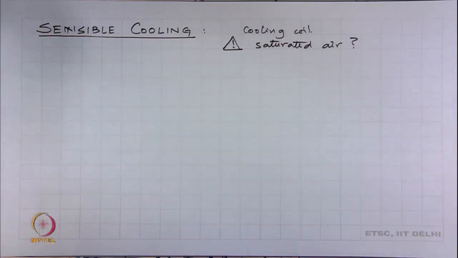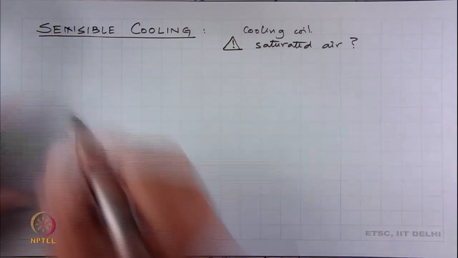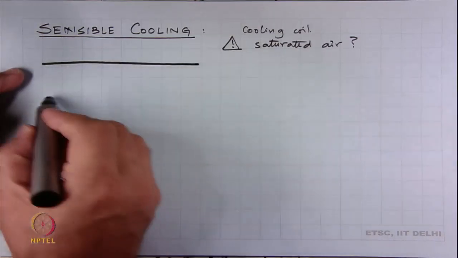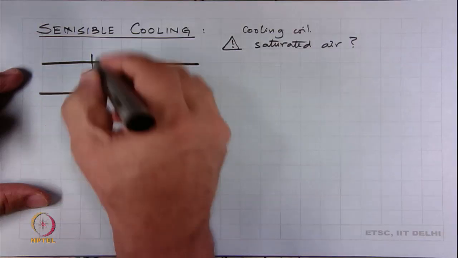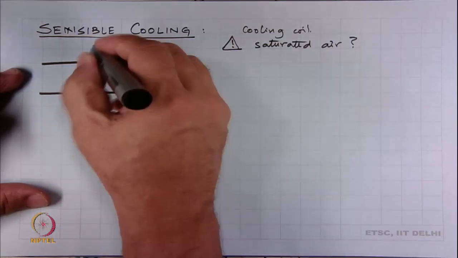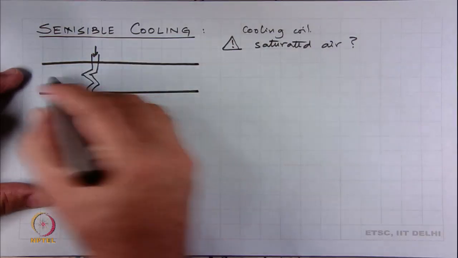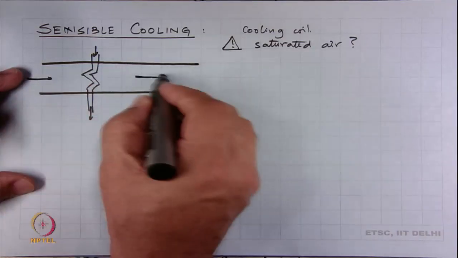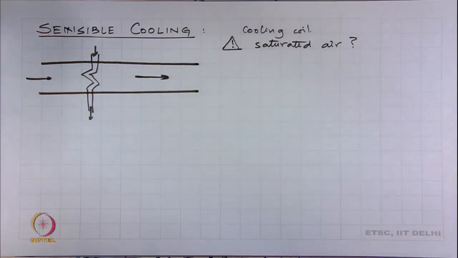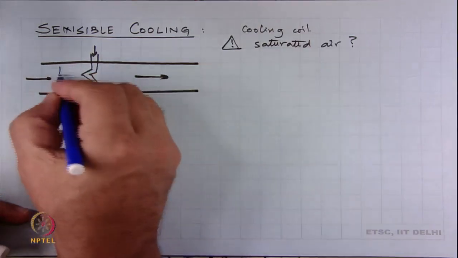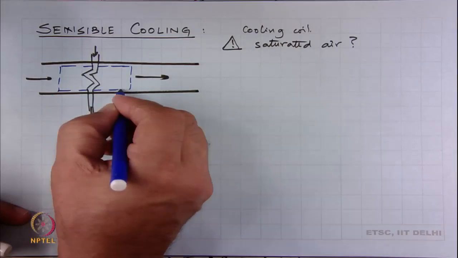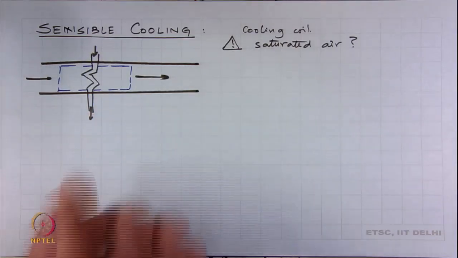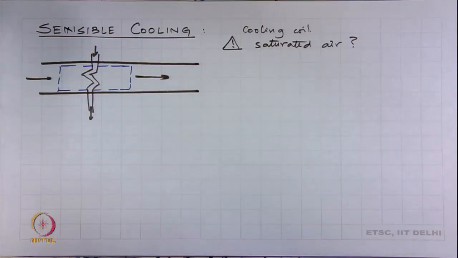Here, the way the engineering works out is that we have a duct into which, say, we put a cold fluid which cools the air as it flows over it. This is our control volume, and the air is going through this.